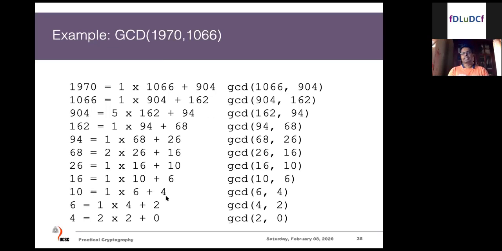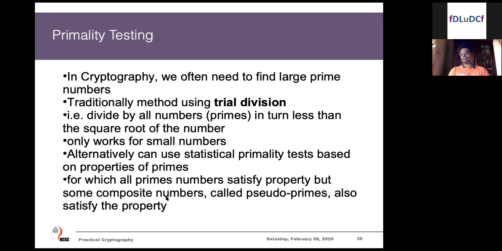The last value is the greatest common divisor. So why do we need those things? Actually, the greatest common divisor is a simple method we can use to find prime numbers. How?